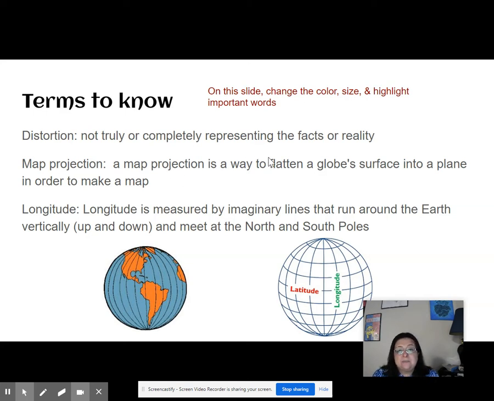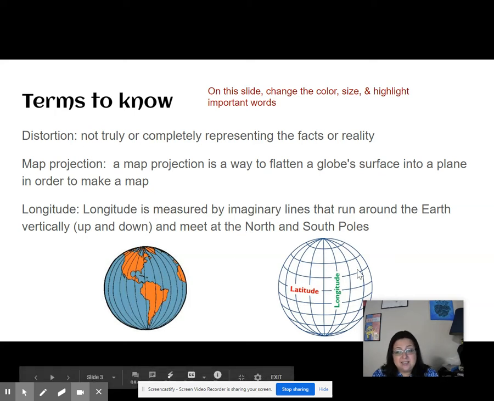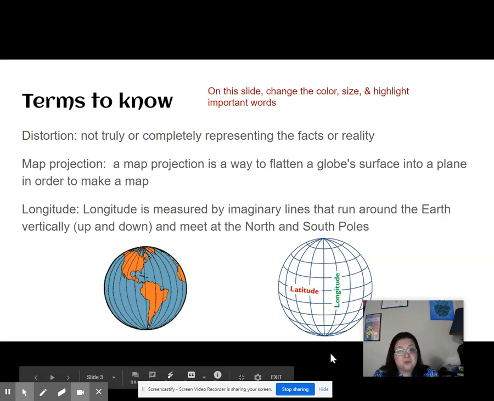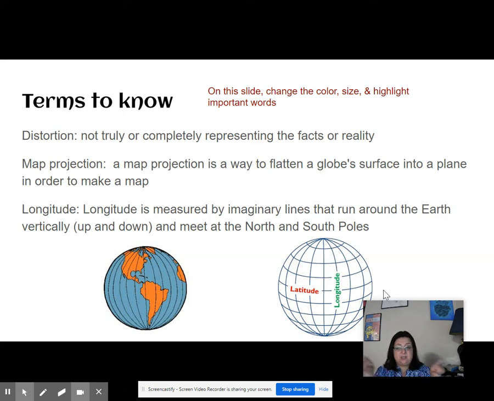Map projection is the idea that a globe, if we flatten it out on paper, is going to look a little different. Longitude is these lines on the globe going up and down. They're vertical lines. The equator is a latitude and it goes horizontal, but the longitudes go vertical.